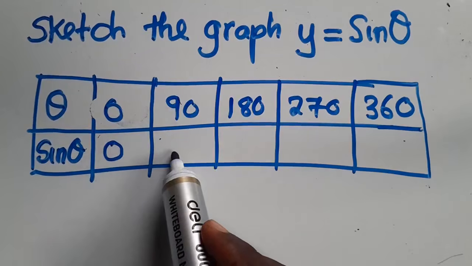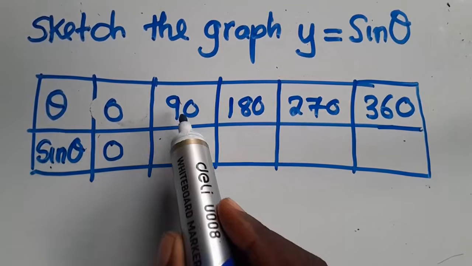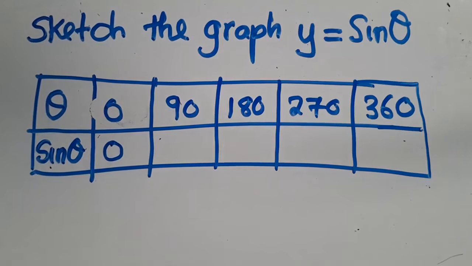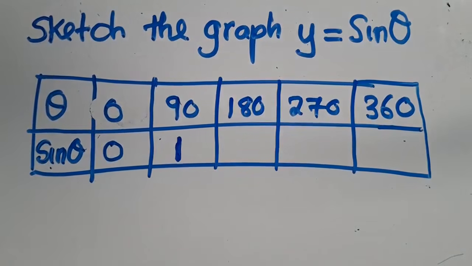Since we are sketching the graph for sine, what is sine 90? Sine 90 is 1. What is sine 180? Sine 180 is 0. What is sine 270?